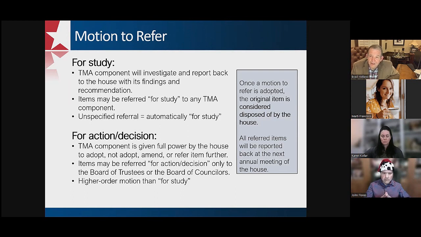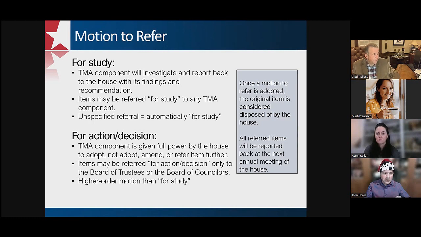It is a higher order motion, and so we would consider the motion for action or decision. If it is adopted, that item is dispensed with. If it fails, then we go back to the motion for study. But just to point out, this is a higher order action item, and a motion to refer for action or decision outranks a motion to refer for study.